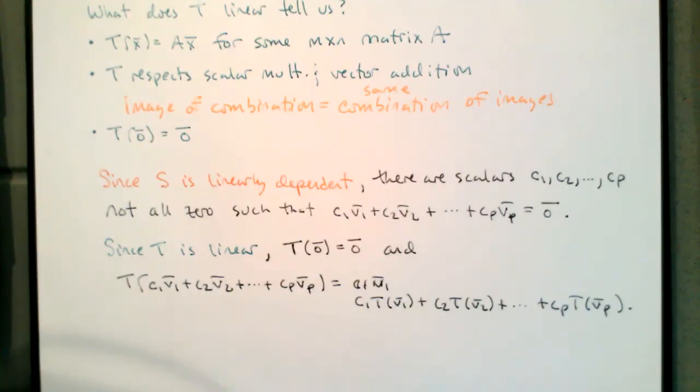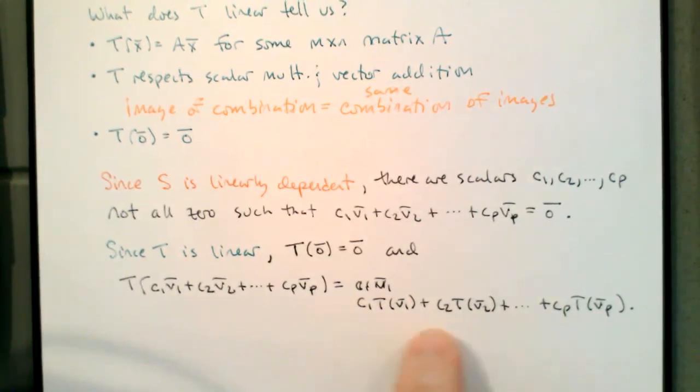So now we can go back to look at this equation, this linear combination, where the scalars are still not all 0, and this image is equal to 0 because the image of the 0 vector is the 0 vector.